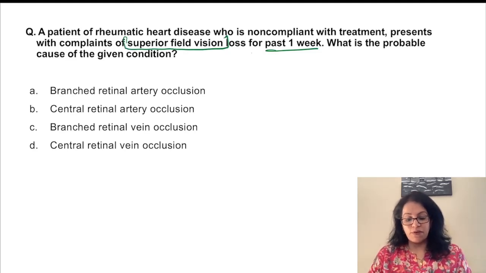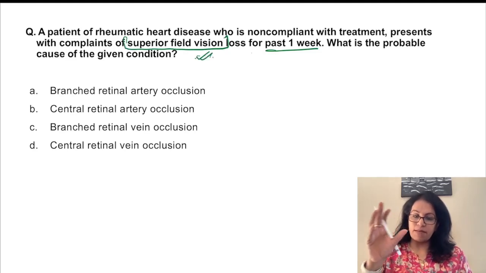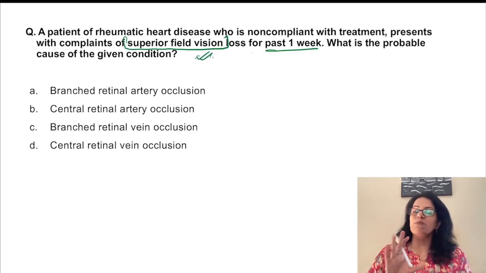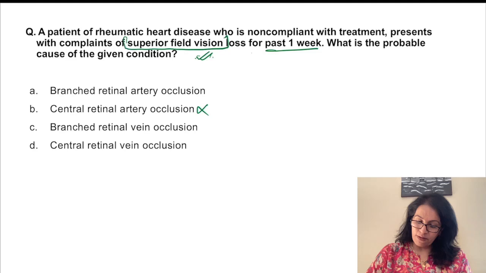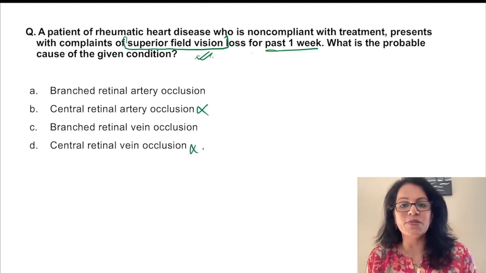But it is mentioned that the loss is only in the superior field. That means a central vessel cannot be involved. The central vessel will not be involved. What are we left with? Is it a branch retinal artery occlusion or a vein?